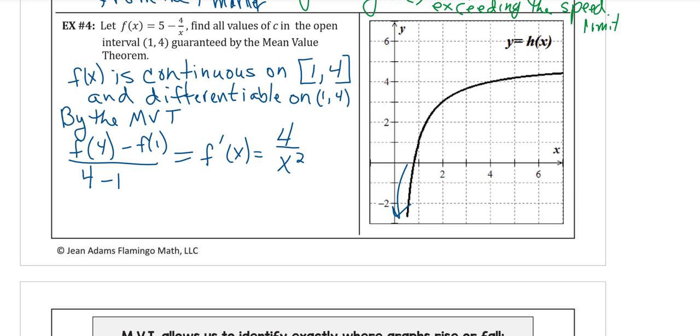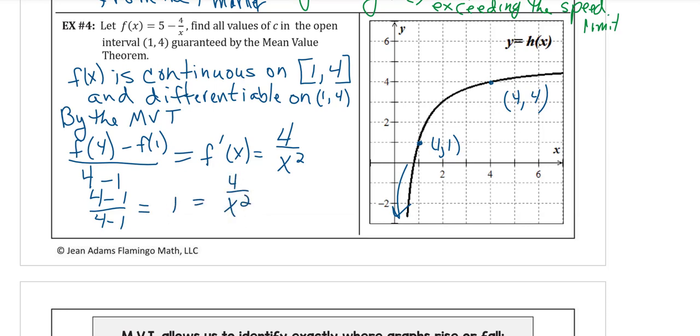So filling this in, looking at our graph, we're doing this point, (1, 1), and at 4, we are at (4, 4). Pretty simple. So we're doing (4 minus 1) over (4 minus 1). So we get 1. And that has to equal 4 over x squared.